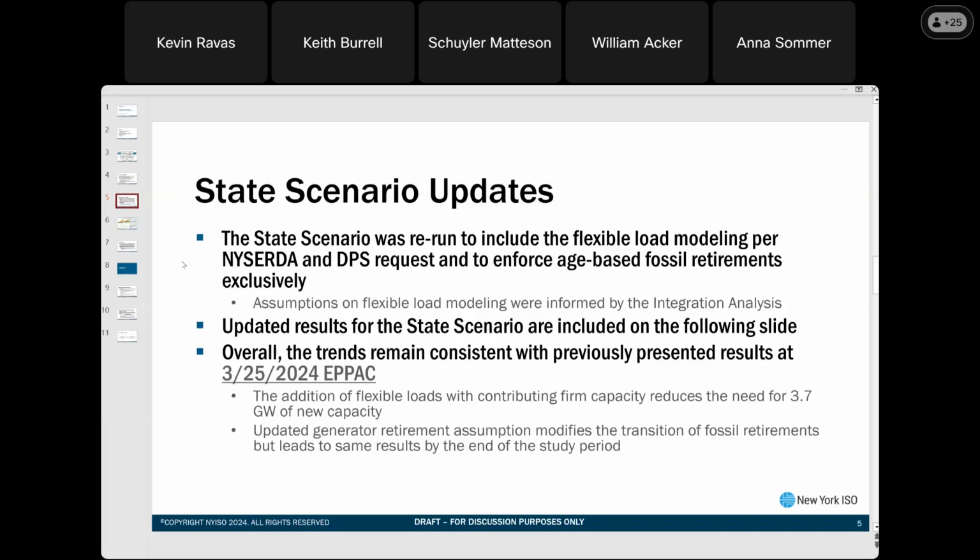I'm just trying to understand what the drivers of the transmission build out are. Yeah, my understanding is that having flexible loads should provide some benefit when it comes to peak load, and perhaps with that affect how much transmission is required.